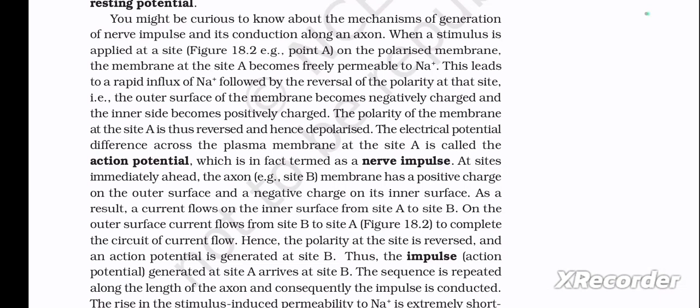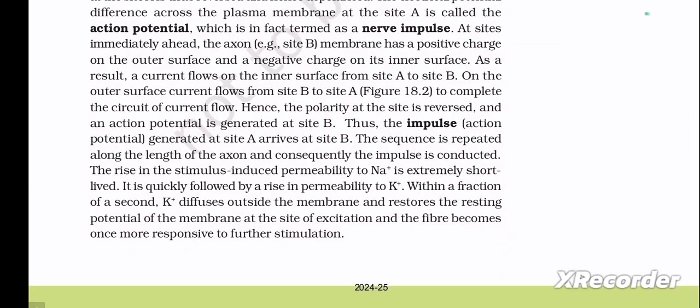To complete the circuit of current flow, the polarity at the site is reversed and an action potential is generated at site B. Thus, the impulse, the action potential generated at site A, arrives at site B. The sequence is repeated along the length of the axon and consequently the impulse is conducted.